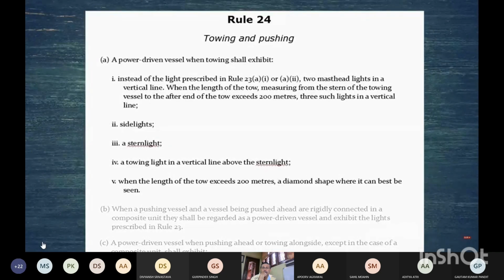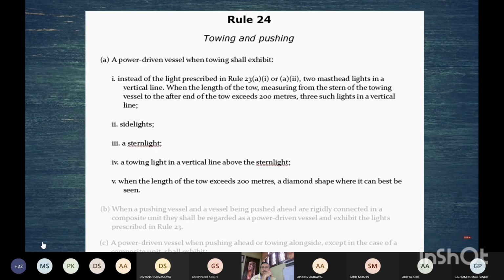So Rule 24, towing and pushing. It starts off by talking about what a power-driven vessel, while towing, needs to exhibit. Instead of the lights prescribed in Rule 23 A1 and 2, and Rule 23 of course is the lights of a power-driven vessel. If you haven't looked at that video already, I would go back and check it out first.